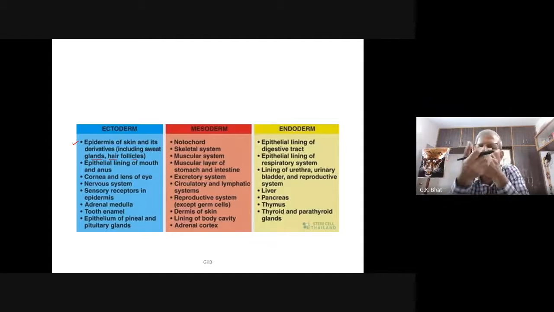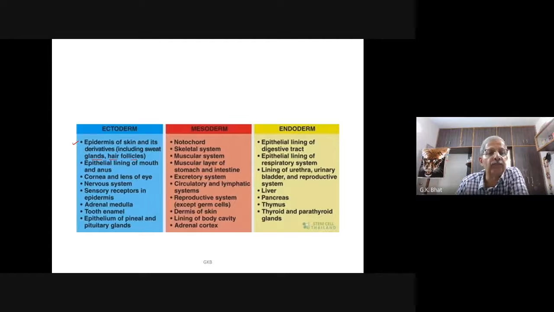Epidermis of the skin and its derivatives, all the glands that are present, even the nails, antlers, claws, whatever you come across, all these exoskeletal structures are ectodermal derivatives.